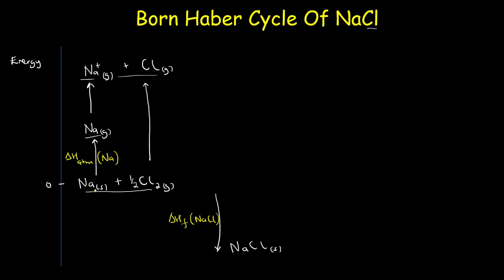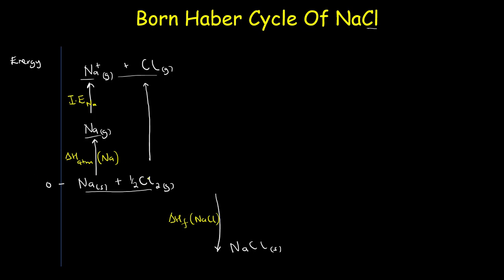Then afterwards we shall add some energy until this sodium atom will lose at least one electron. So we are trying to ionize the sodium atom. So this is ionization enthalpy. So you can abbreviate it as IE, the ionization enthalpy of our sodium.